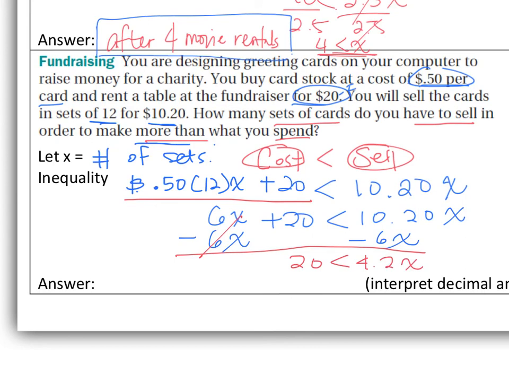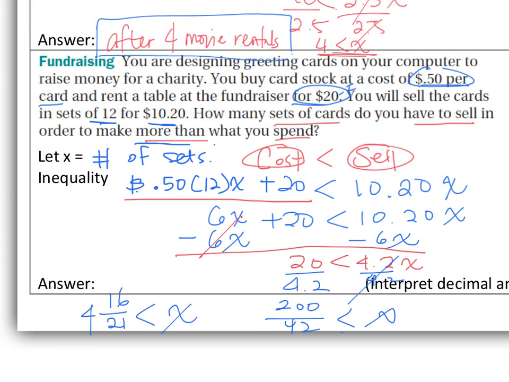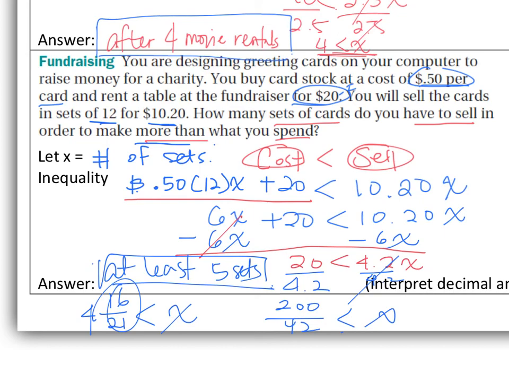And then we can divide 4.2 to both sides. 200 over 42, and then after you simplify this, this will become 4 and 16 over 21 less than x. And you can round this, so at least 5 sets. And that concludes our lesson.